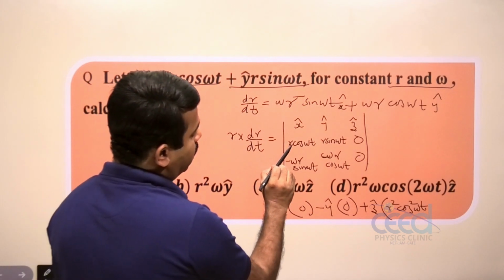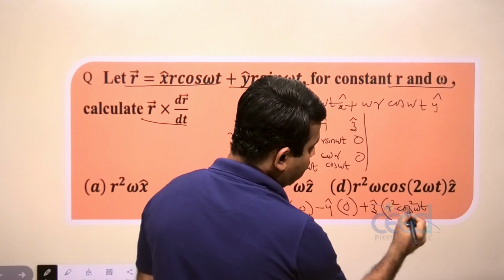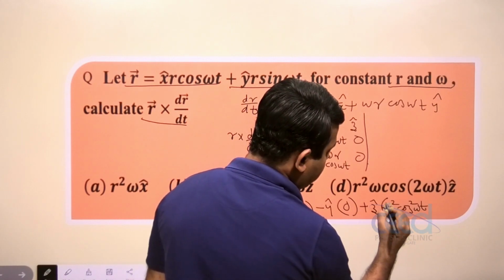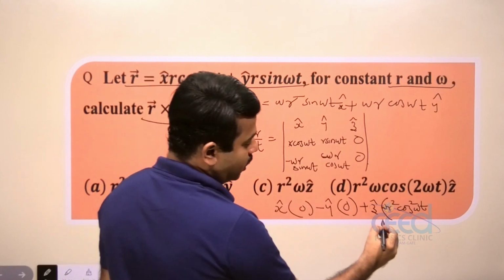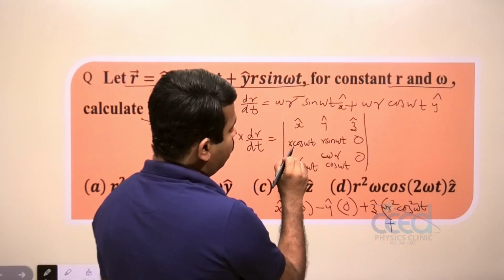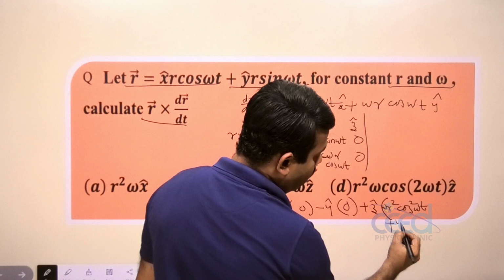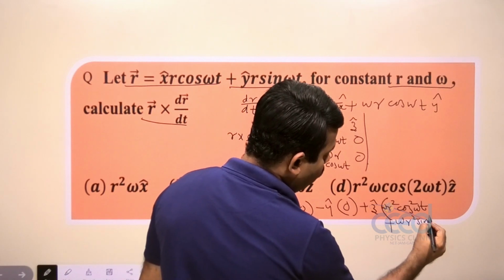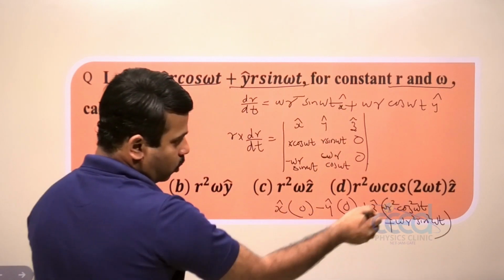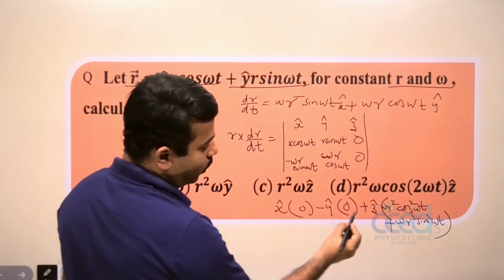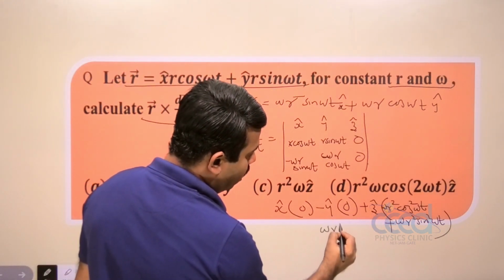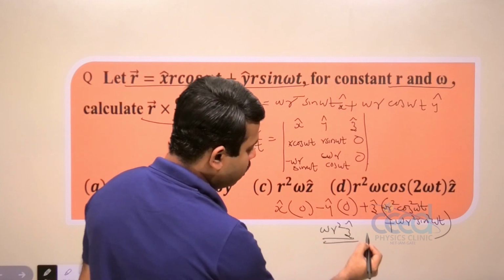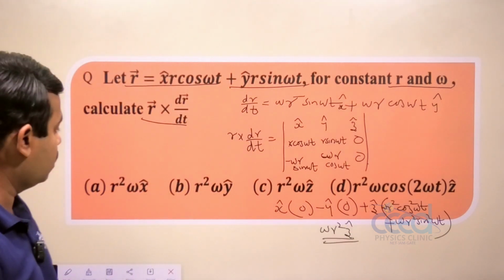Now minus of minus is plus, here comes omega r square sin square omega t. Now cos square omega t plus sin square omega t is 1, then omega r square only remains, so omega r square z cap. This is the final answer.